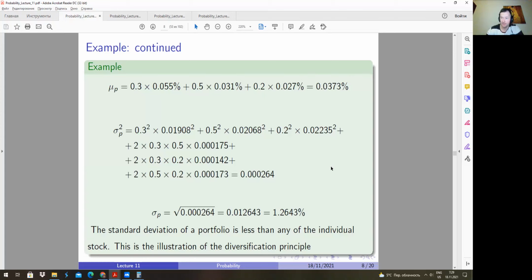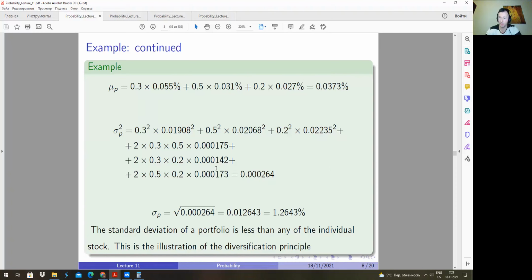As you can see, the most problematic part comes here. Because, okay, we have 3 stocks, which is more or less nice. Suppose that we have 4 stocks. If we have 4 stocks, how many covariances do we have? We have pairwise covariances: 4 with 3 others, so we have 3, then 2, then 1, so 6 covariances, right?